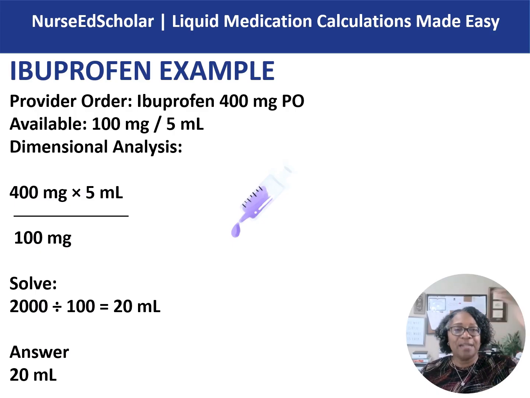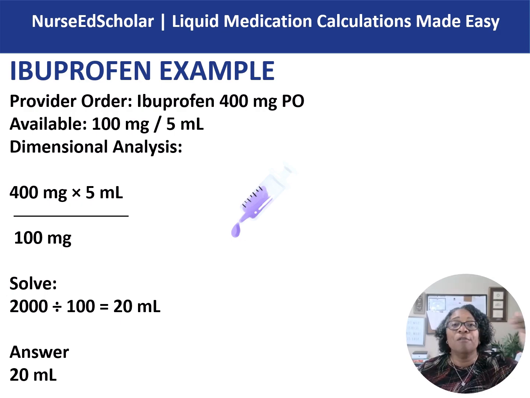And you would divide the 400 by 100, cancel out those milligrams, and then multiply it by the 5 milliliter concentration, because the concentration available at your hospital is 100 milligrams per 5 milliliters. For this one, you should get 20 milliliters.